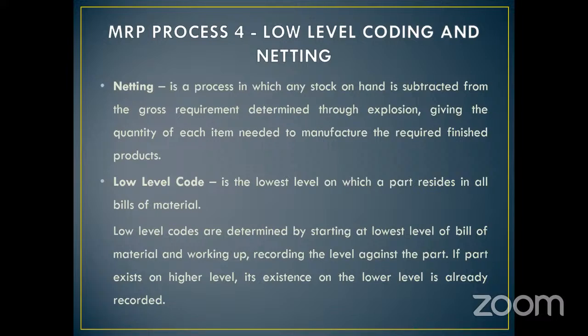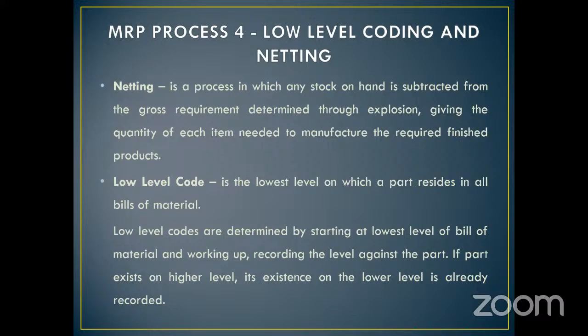So netting is the process in which all the stock on hand is subtracted from the gross requirement determined through the explosions, giving the quantity of each item needed to be manufactured for the required finished product.